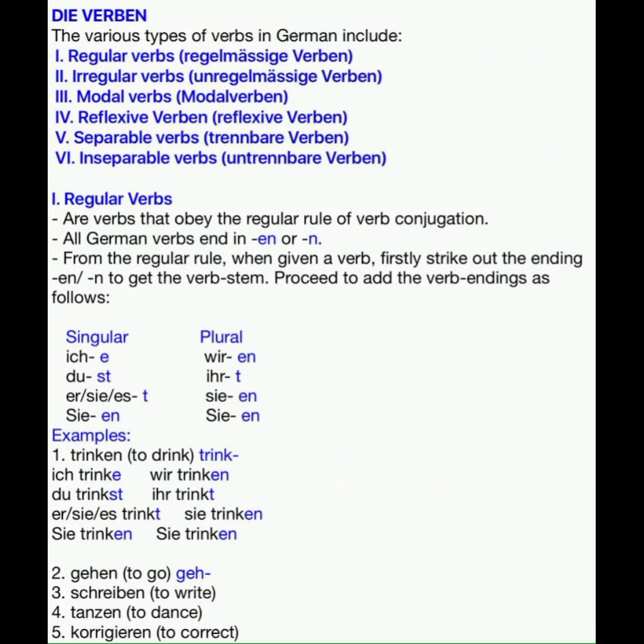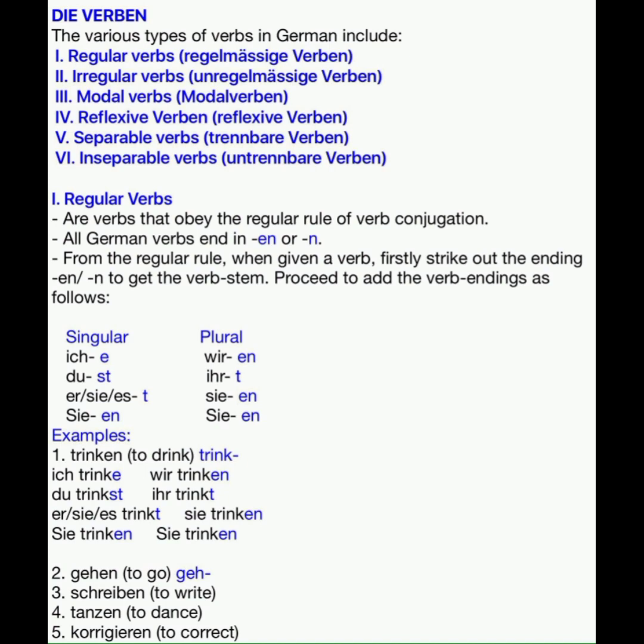Now, the various types of verbs that we have in German include the regular verbs, regelmäßige Verben. Then the irregular verbs, unregelmäßige Verben. Then I have the modal verbs, that is the Modalverben.